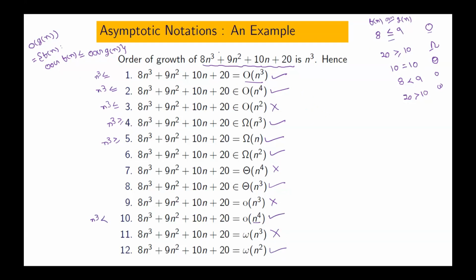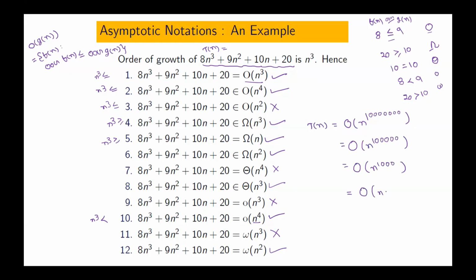Okay. Now, same this 8n cube, let us call it T of n so that I can easily write. So T of n is big O of n power 1 crore. T of n is big O of n power 1 lakh. T of n is big O of n power 1000.